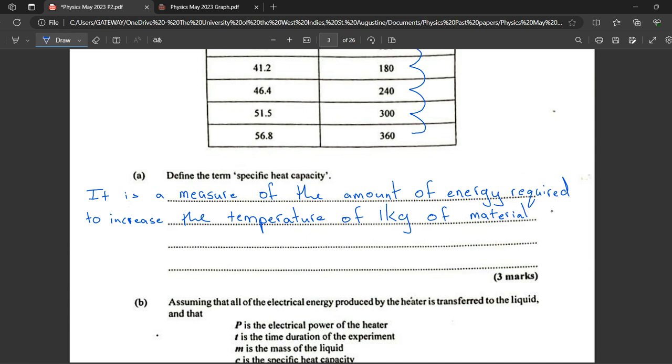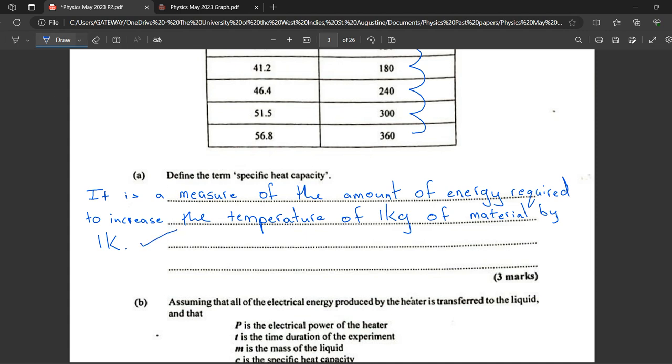Right, 1 kilogram of material by 1 Kelvin or 1 degree Celsius. So it is a measure of the amount of energy required to increase the temperature of 1 kilogram of a material by 1 Kelvin.